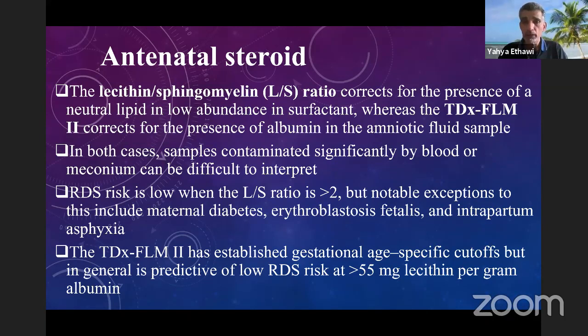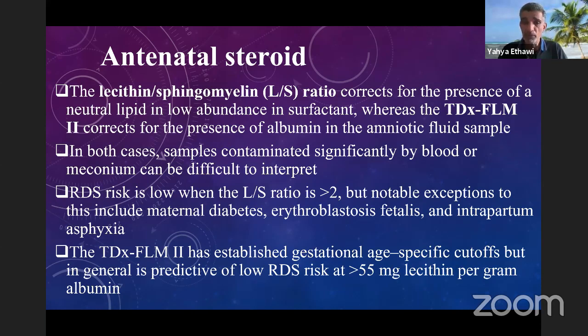Sphingomyelin, however, is a phospholipid synthesized from the brain, and it's a fixed reference. So we have a test from Abbott laboratory called TDx-FLM2. It's correctly identifying these two factors.